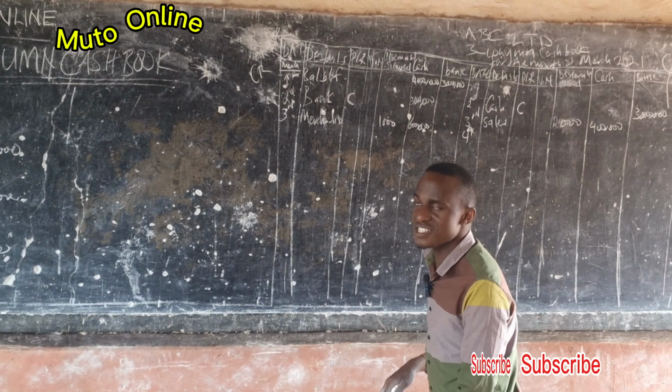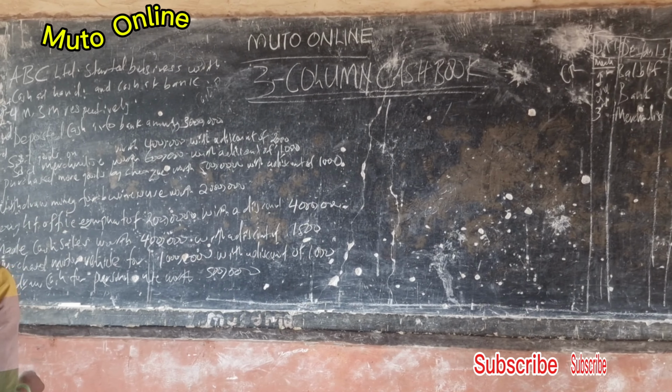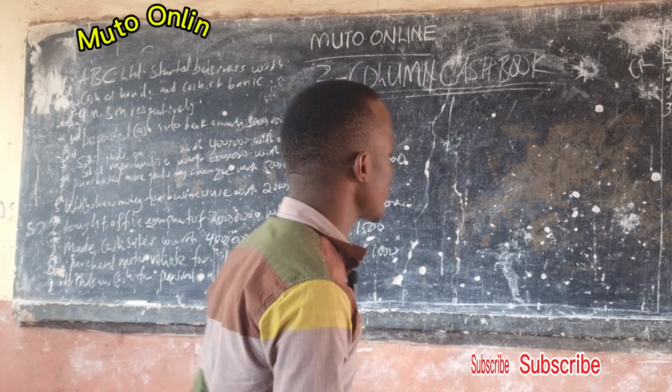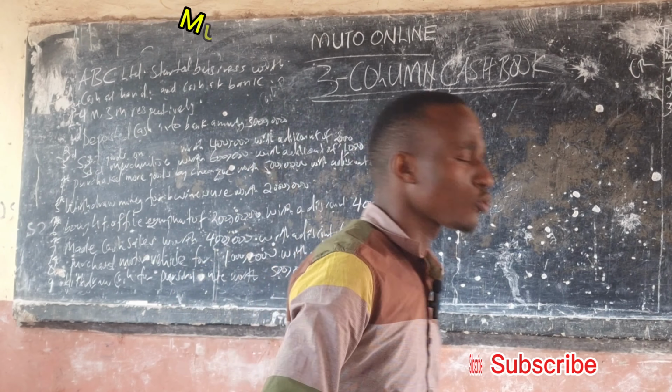Then on the 5th, withdrew money for business use worth 2 million. My dear viewers and listeners, this is also a contra entry. I've told you 3 categories on how we can identify contra entries.